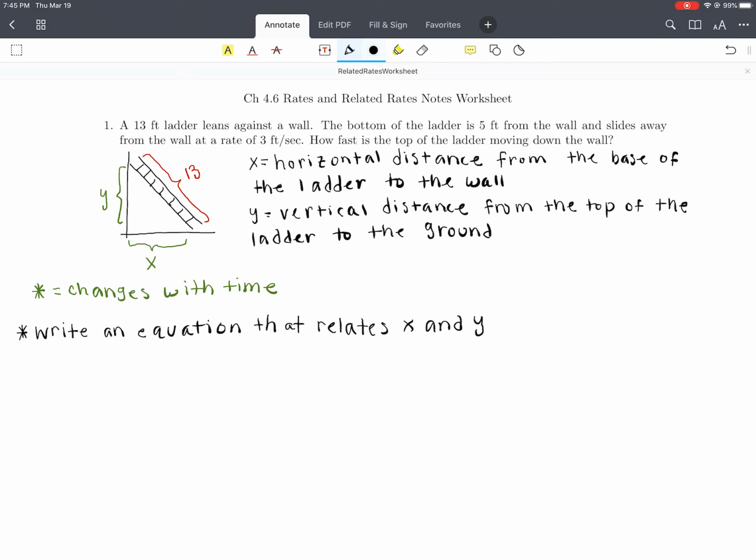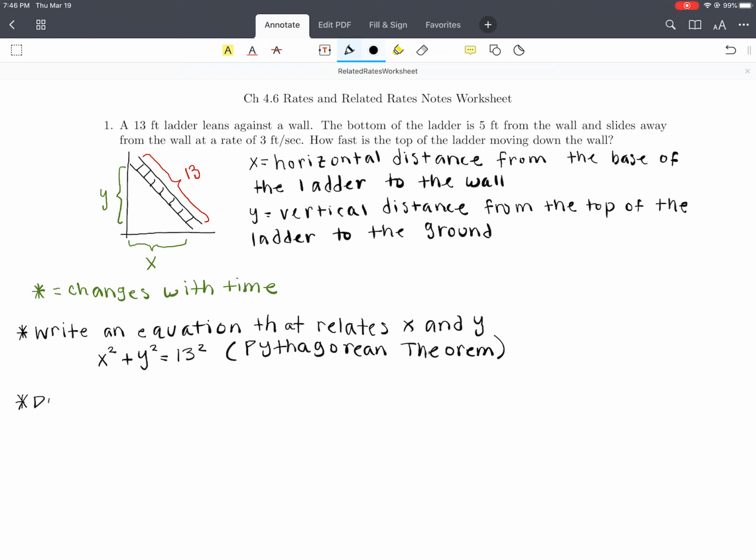So the Pythagorean theorem tells us x squared plus y squared equals 13 squared. We're going to see that in this section, our geometry skills are going to become important. We're going to need to know some formulas for areas and things like that. So now we have an equation.